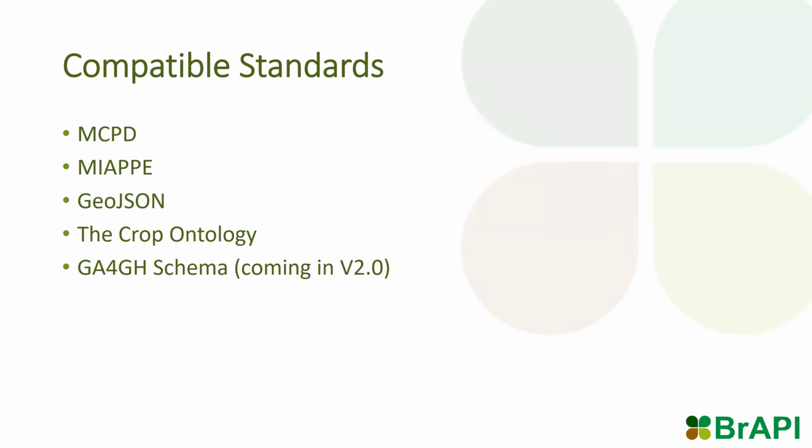A lot more GeoJSON is coming in version 2. I mentioned the crop ontology already, and the GA4GH schema I mentioned already as well. That's a genomic data schema that's actually a JSON schema based loosely on VCF. So it seemed like a very good fit for BrAPI.